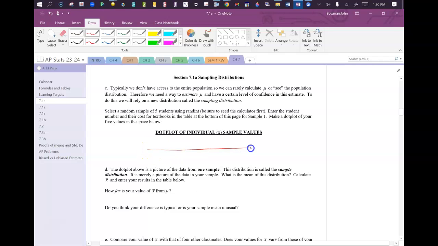But I did that earlier, and my values range from about 330 to almost 450.